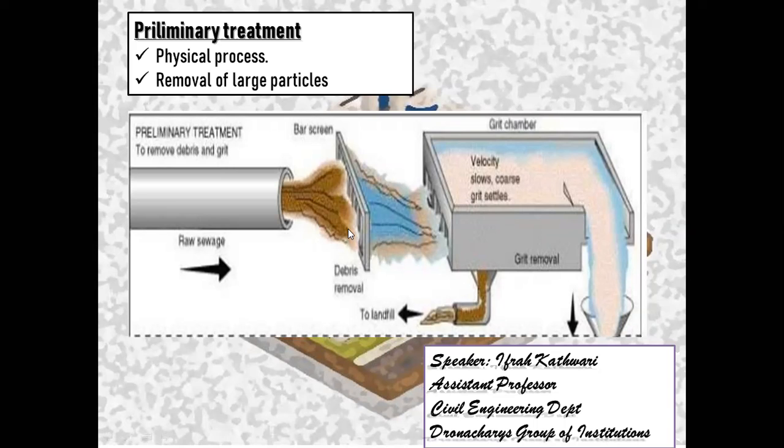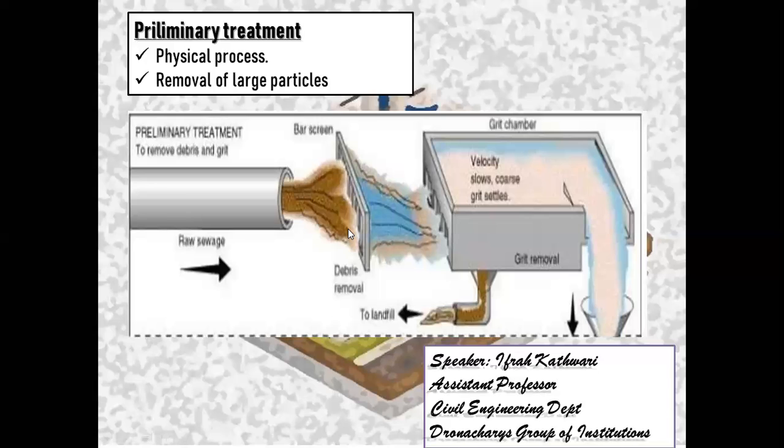They may hinder the efficiency of the various chambers and components of the wastewater treatment plant. They may choke them, and they may hinder the flow of wastewater. That is why it is important to remove them before any other treatment.